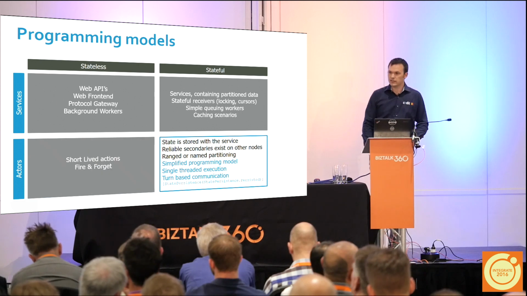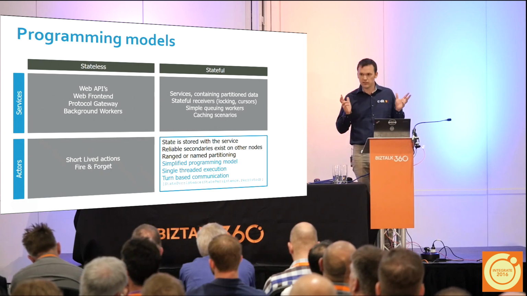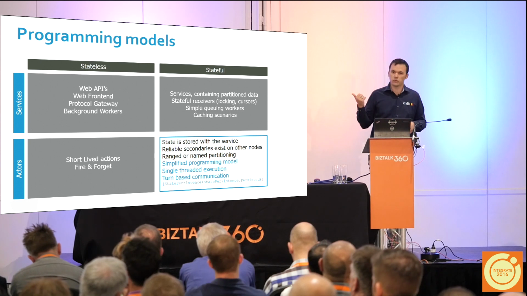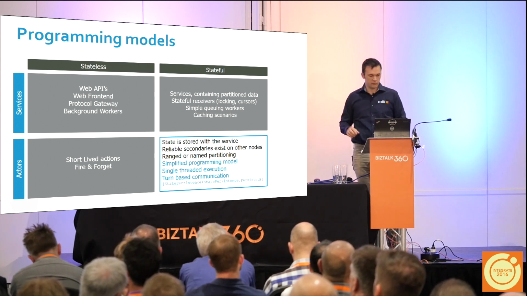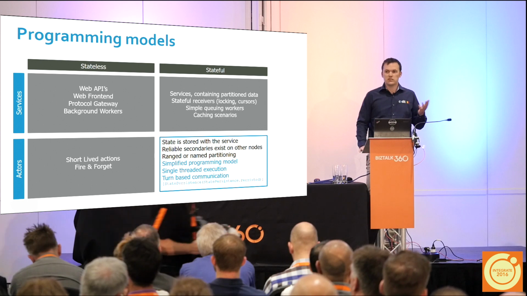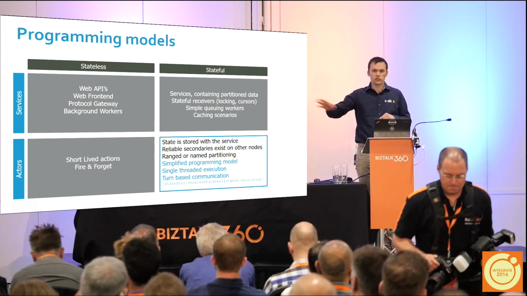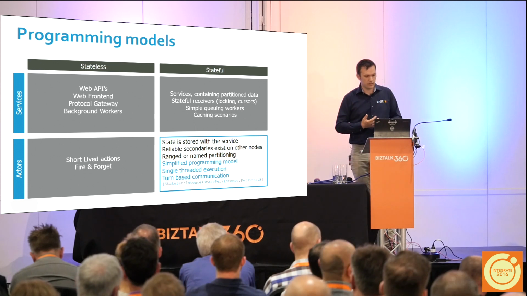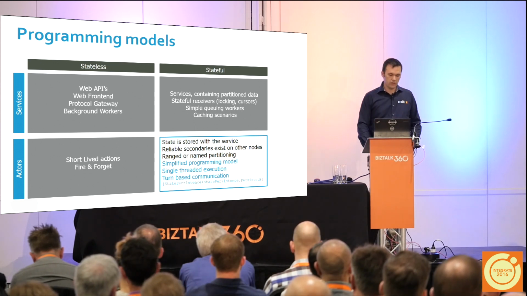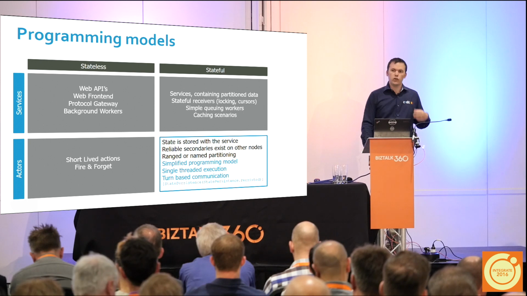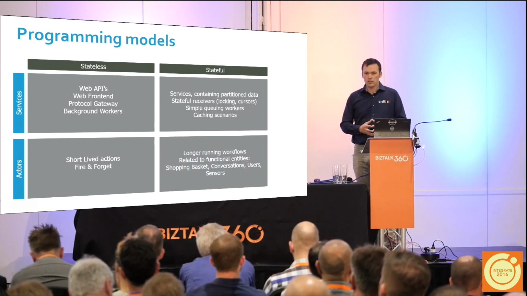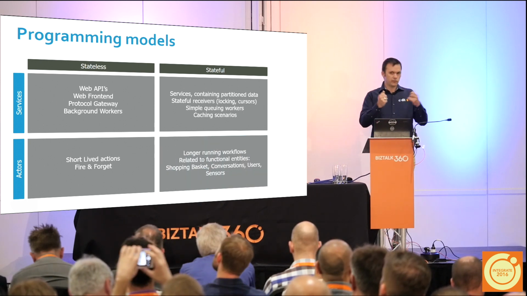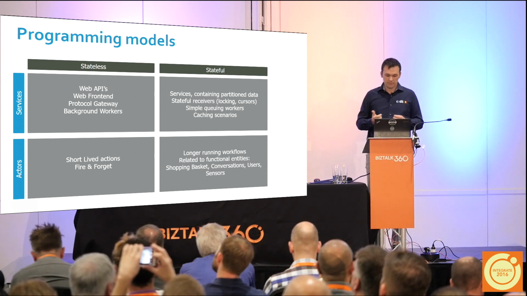So stateless actors is something that we didn't have a lot of real cases for. That's also probably the reason why it's removed from the Visual Studio things. We see some scenarios where you just say, okay, I want to trigger something, like fire and forget, a short-lived thing. That's where stateless actors could be helpful. But mostly, if you use actors, they will be stateful. And what we see there, we sometimes relate them to functional entities.